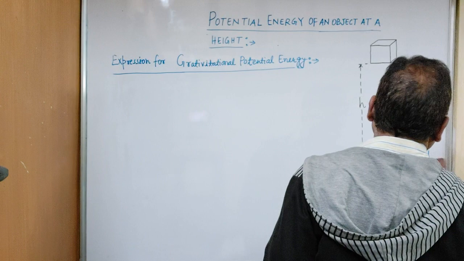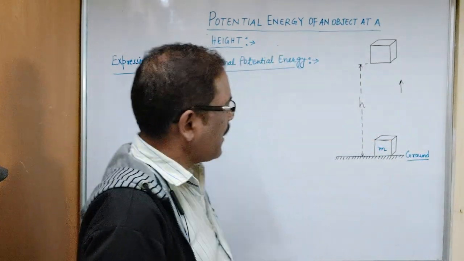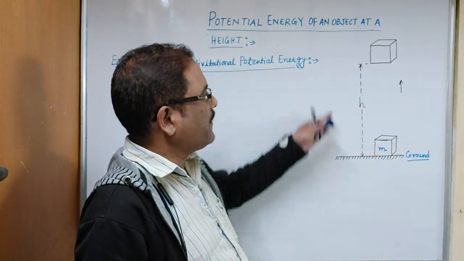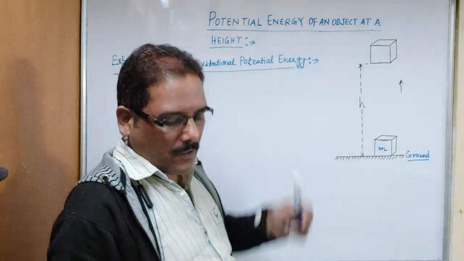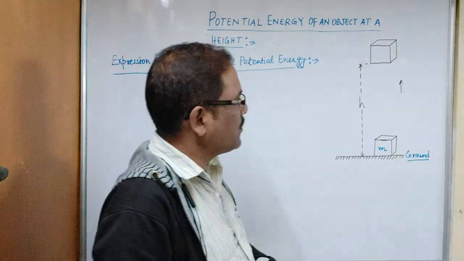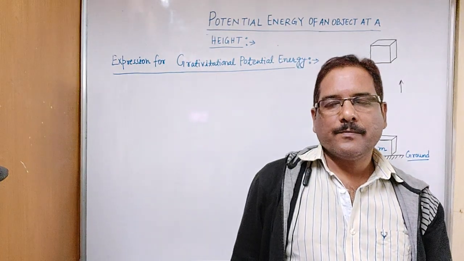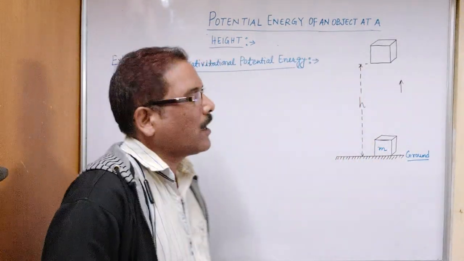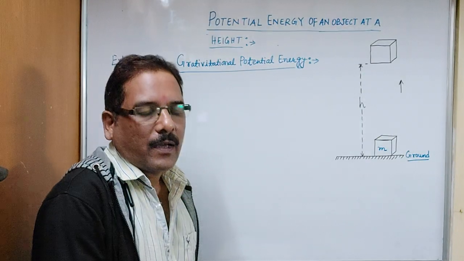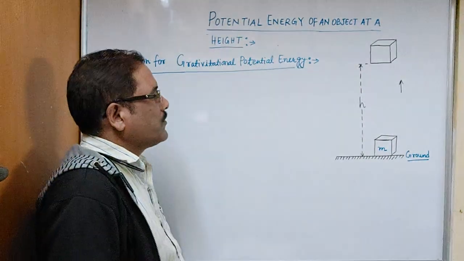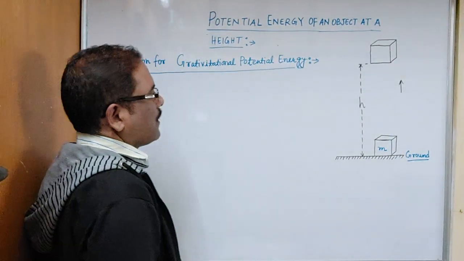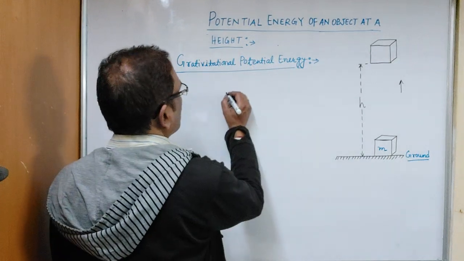Initially it was on the ground and we lift it to a height h above the ground. So if we lift it to a height h above the ground, how much work are we doing? For work done, no need to write now, try to understand.